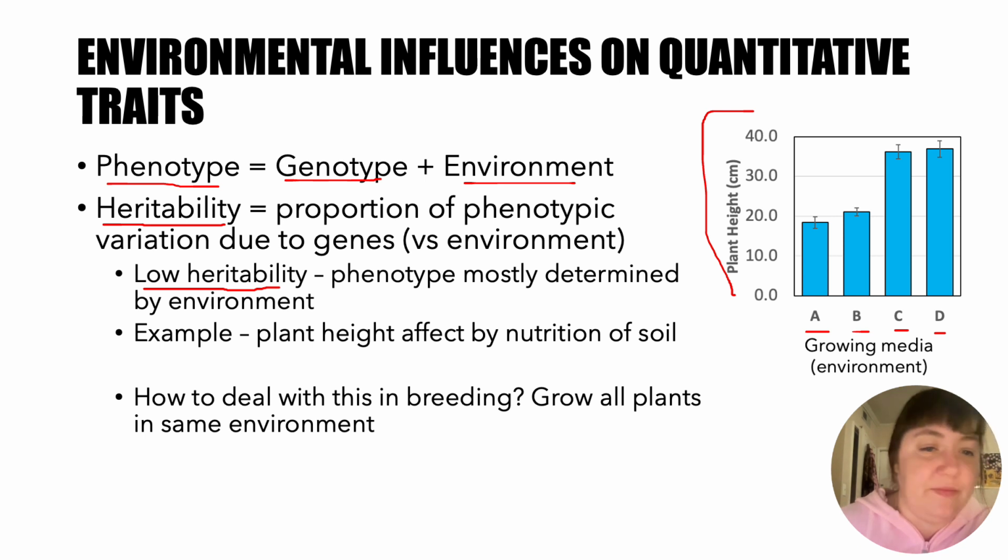For example, plant height and nutrition of soil. And then how do you deal with the influence of environment on plant phenotype during breeding? One way to do that is to grow all the plants in the same environment. Or you can grow plants in different environments, but all the plants you're testing should be tested in every environment, right?